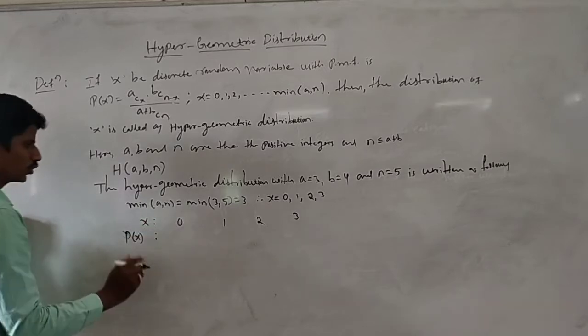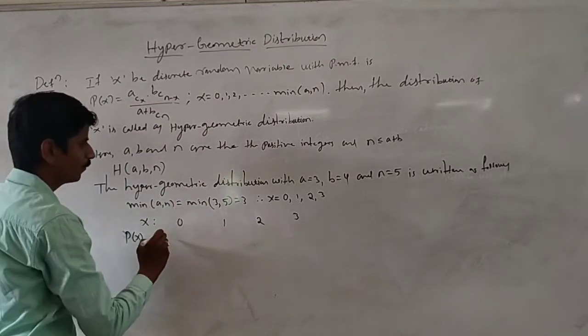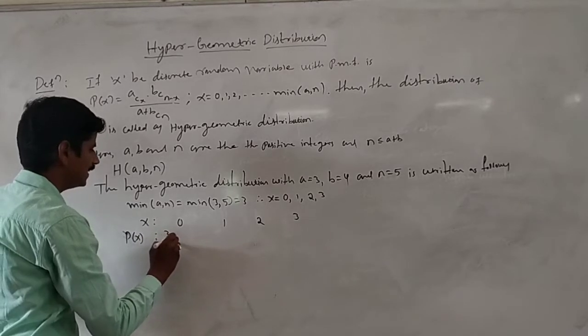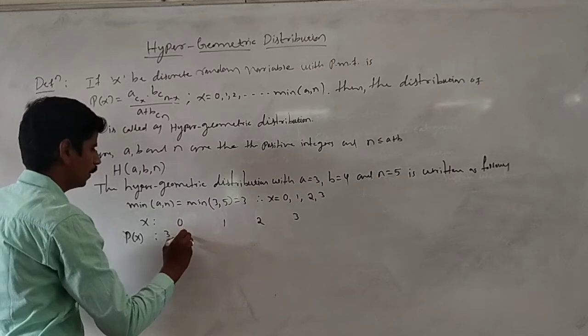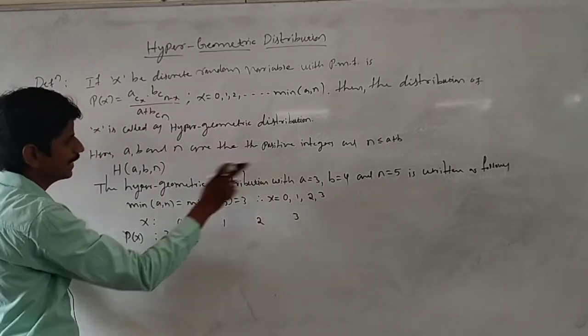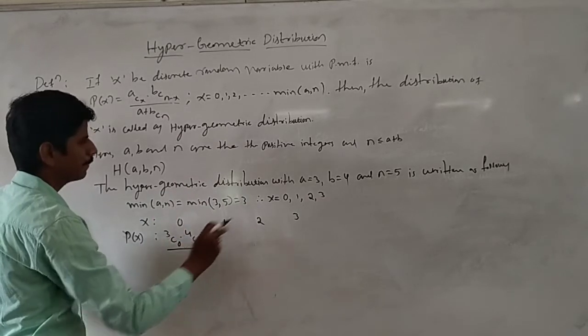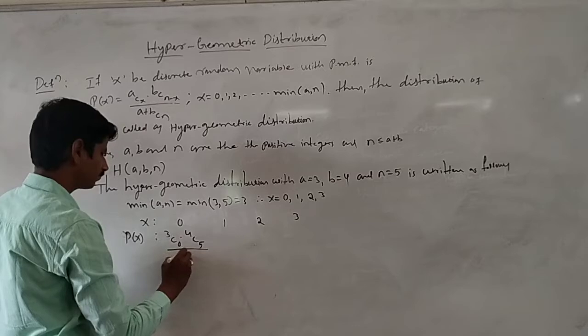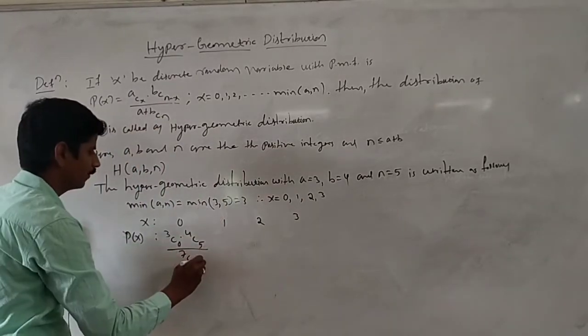That is aCx: 3C0 into bC(n minus x), 4C(5 minus 0) which is 5, divided by (a plus b)Cn, 3 plus 4 is 7, 7C5.